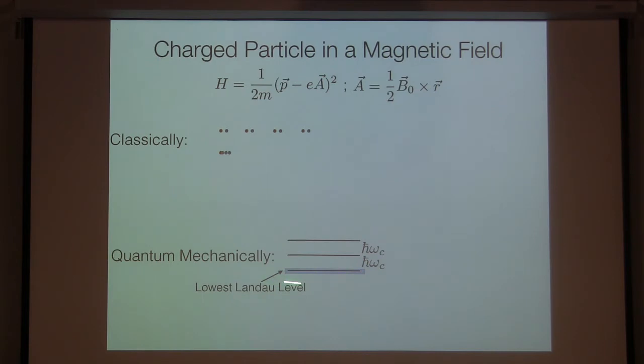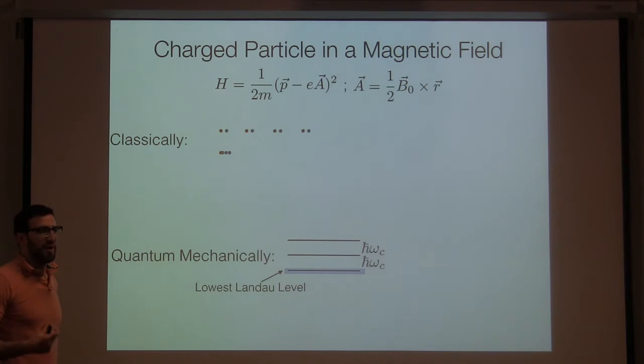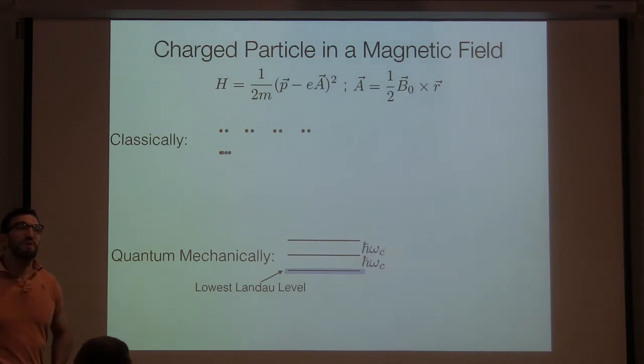So we have these Landau levels, but let's look at these states in the lowest Landau level. Okay? And this was the question that was just asked of me, which is, in this gauge that we've chosen, what are the eigenstates? Well, I told you to think of them as translationally invariant, but it turns out that depending on what gauge you pick for the vector potential, the eigenstates will be different things.